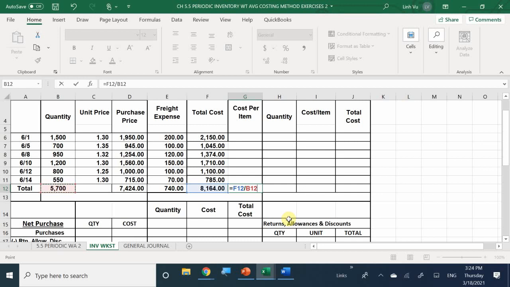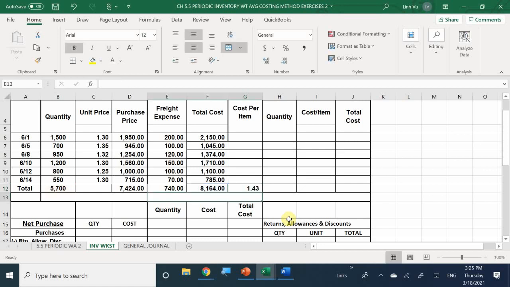But if you are in the future working on inventory and they tell you to round, you round. But for this class, we're not rounding until the very end. Okay, so what do we get? 1.432. Good. Oh, I'm sorry, 1.43228. Yes, good.